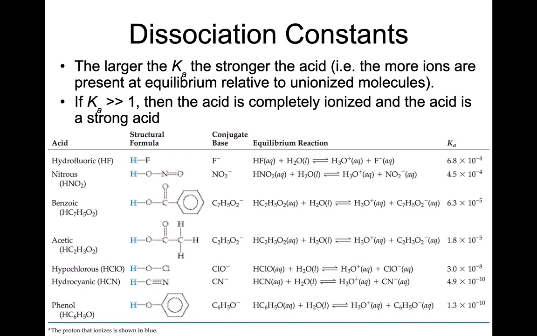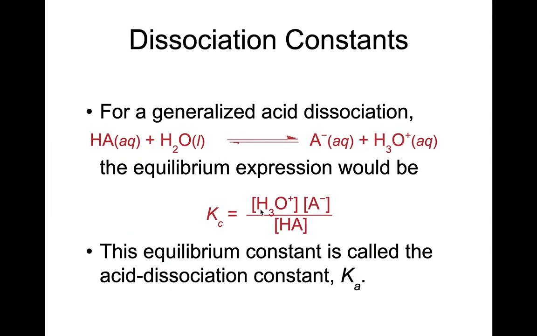The Ka value tells us a couple of things. First off, the larger it is, the stronger the acid, because remember Ka is products over reactants, dissociated ions over undissociated compounds. So the larger that K is, the larger these values have to be. The more dissociated, the more ionized the substance is.